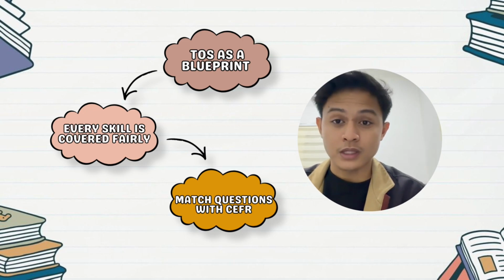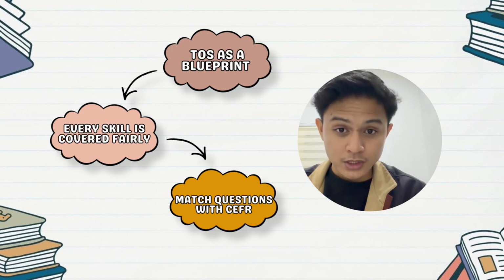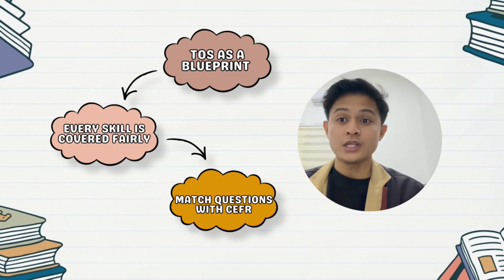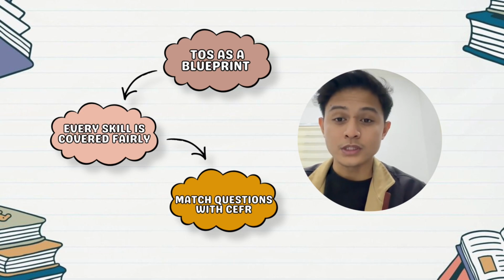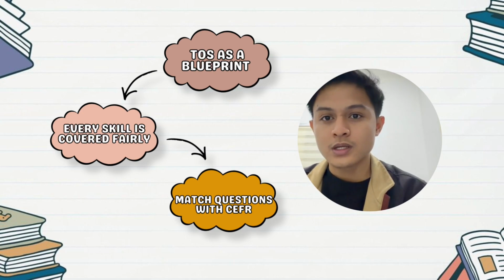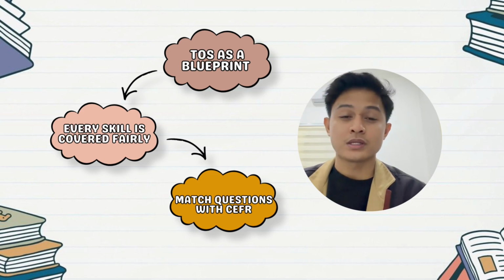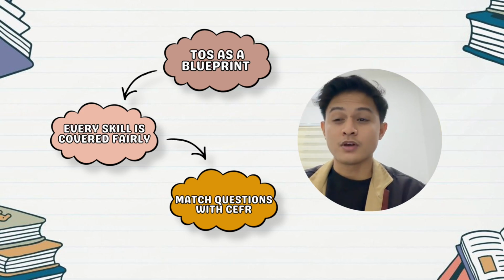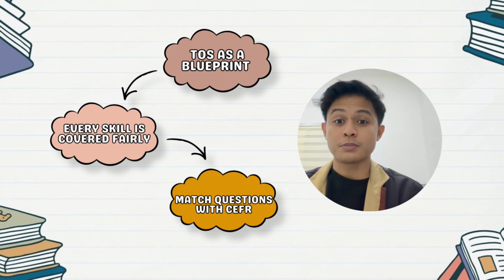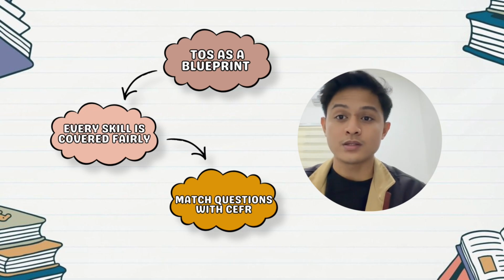So in order to achieve that match with the CEFR, we need to apply the TOS first. The TOS itself works as a blueprint of a test. In order to make a test, you need to have a blueprint. The blueprint is named the table of specifications, where we allocate our questions based on the CEFR level of the target learners.